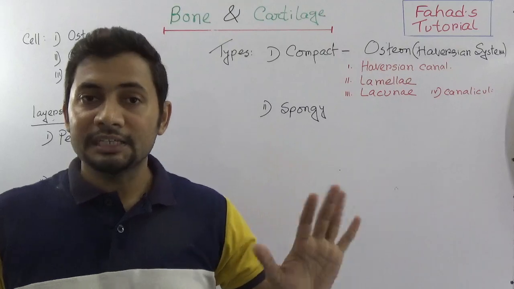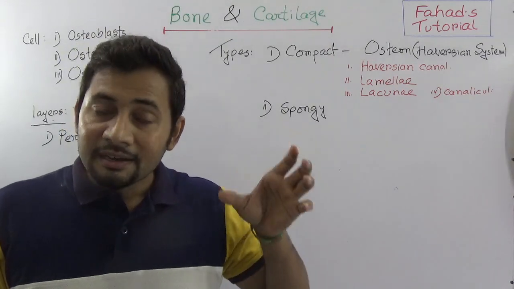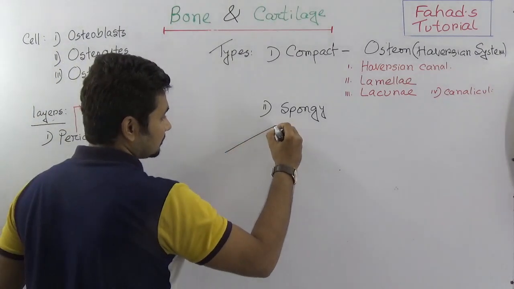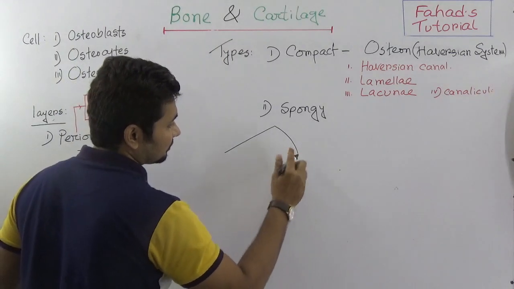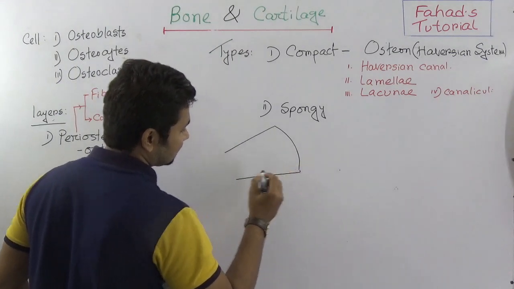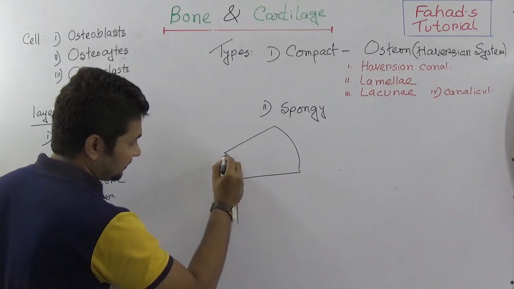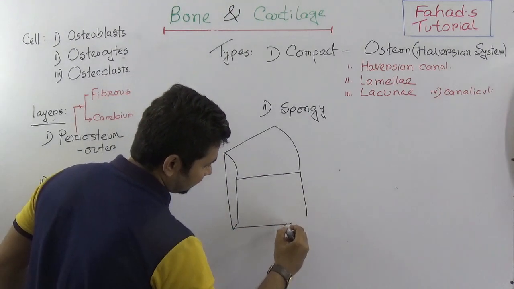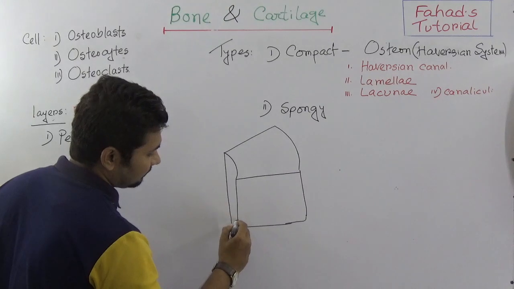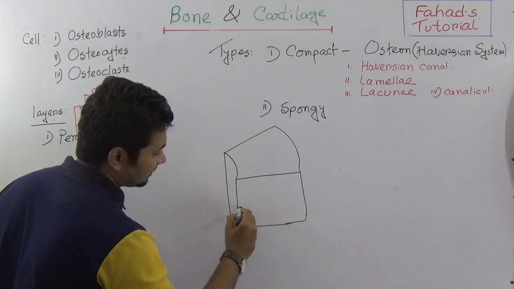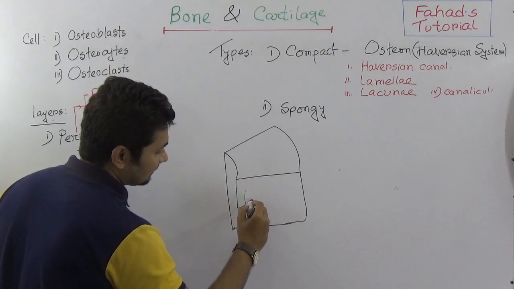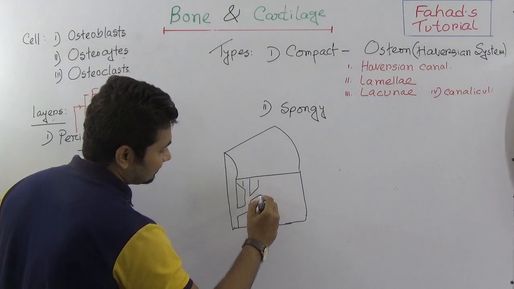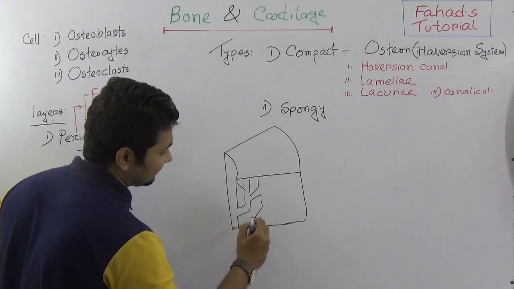HSC and O-level students, they need to study about the Haversian system, which is present inside bones. If you see the structure of bones, you will find there is some sort of space in between, like this, and this channel is known as the Haversian channel.